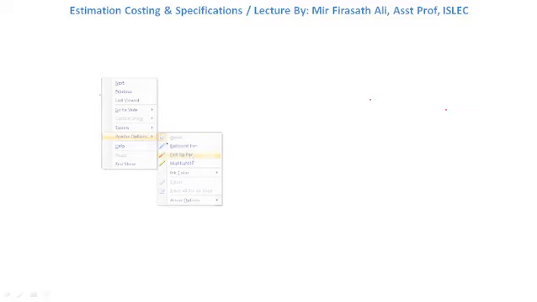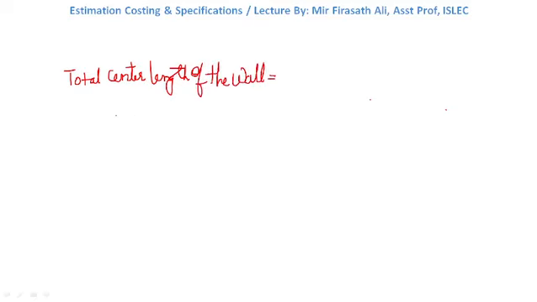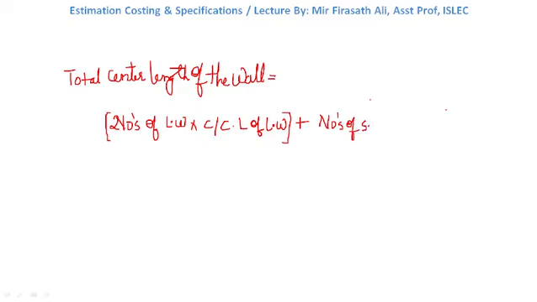So, the formula is as follows. I will write the formula over here. The total center length of the wall is equal to the number of long walls into the center to center length of long wall, plus the number of short walls into the same center to center length of short wall.